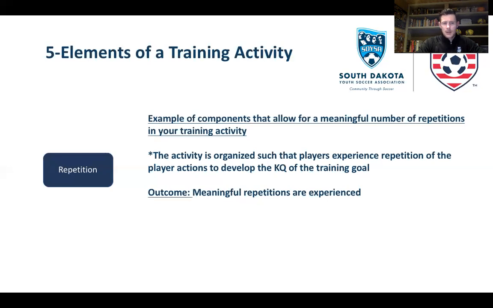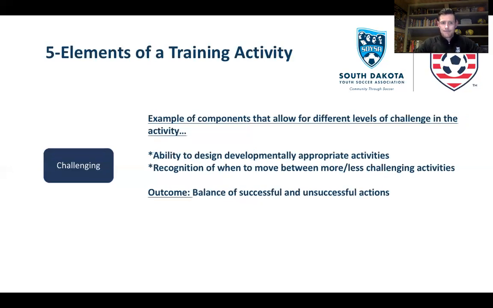And then the outcome, if we have hit it, is that we see meaningful repetitions of the players experiencing it. So to refer back to that last training session, the play 1 about attack, if players do have a lot of opportunities to move the ball forward, pass and dribble, and are creating chances, we know that they're getting that behavior repeated, so we can give ourselves a green light.